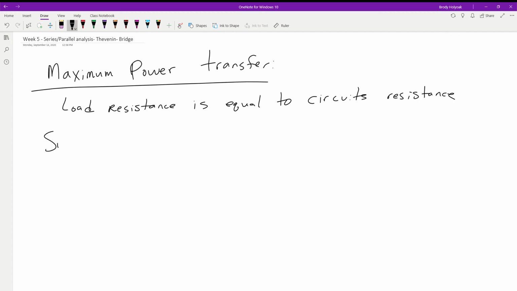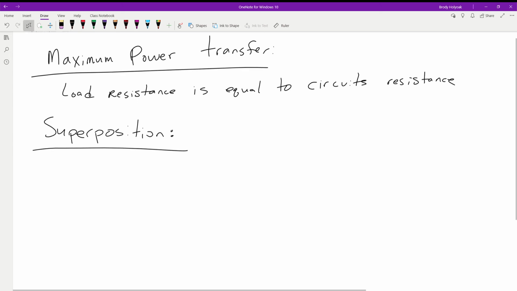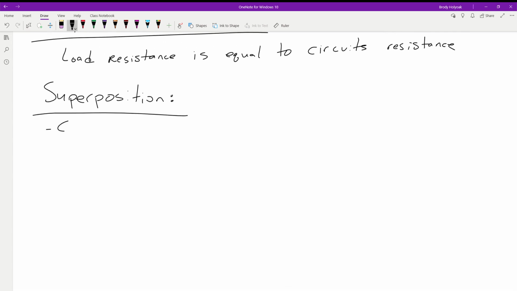We have superposition. Superposition is a theorem, and it's a tool that we use for circuit analysis.